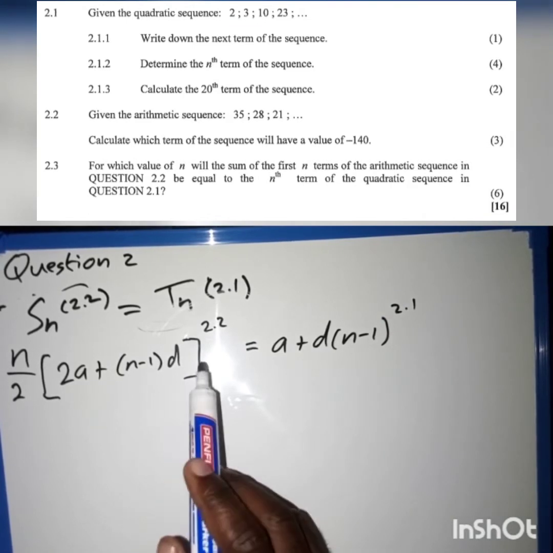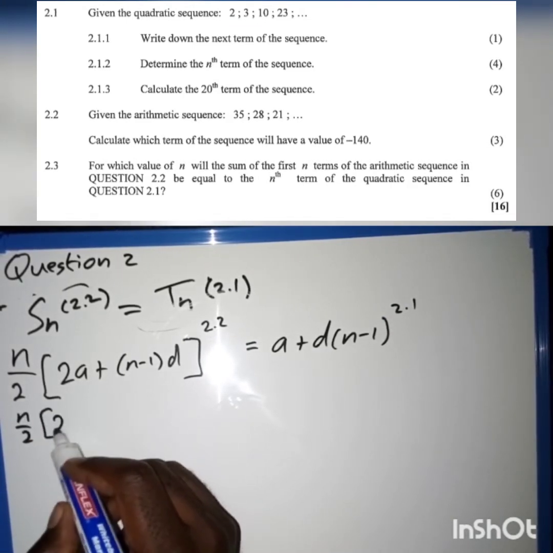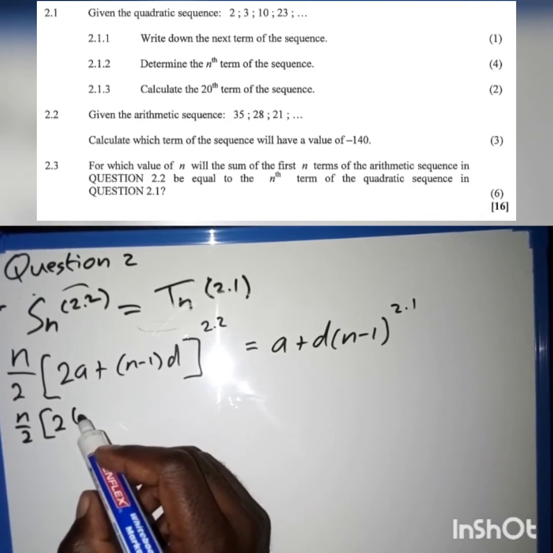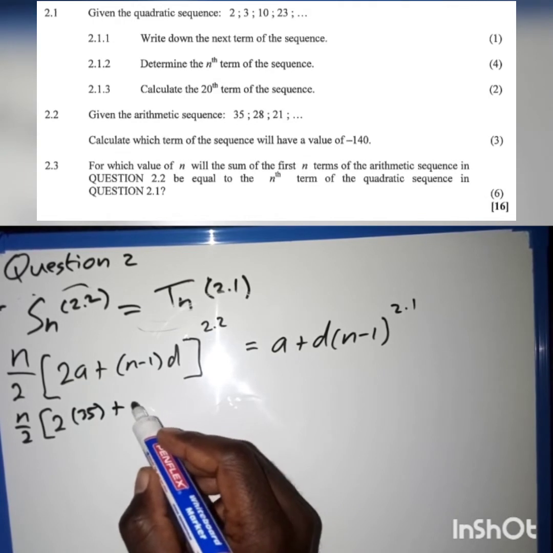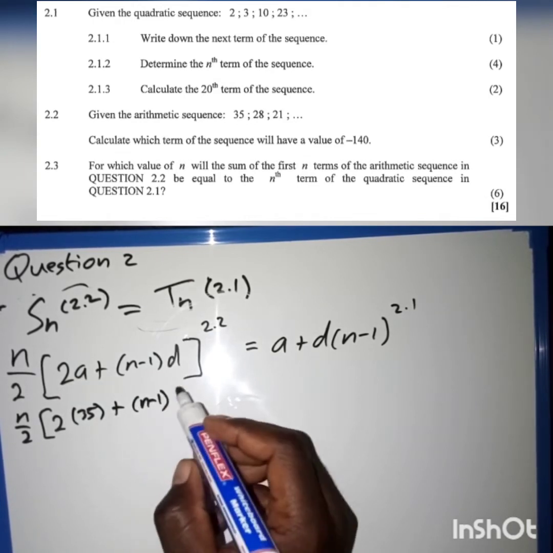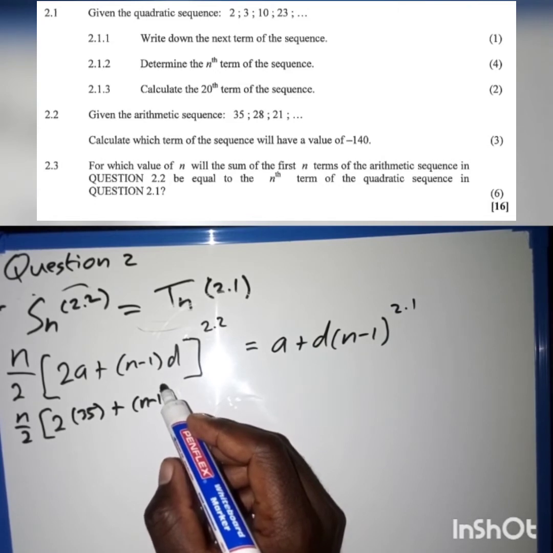So when we look at our 2.2, we've got n over 2, and our a for 2.2 was 35, plus n minus 1, and our d was what? Was negative 7.